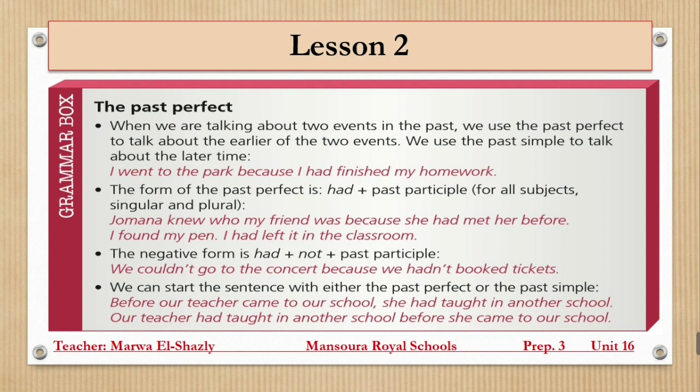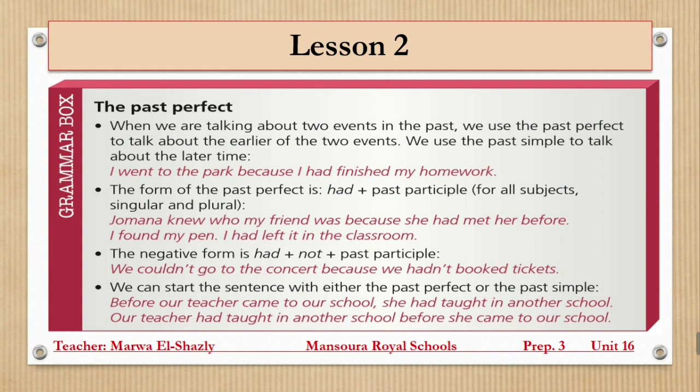We can start the sentence with either the past perfect or the past simple. Before our teacher came to our school, she had taught in another school. Notice here, before is a conjunction between these two sentences. Before is followed by the second action, which is in the past simple.